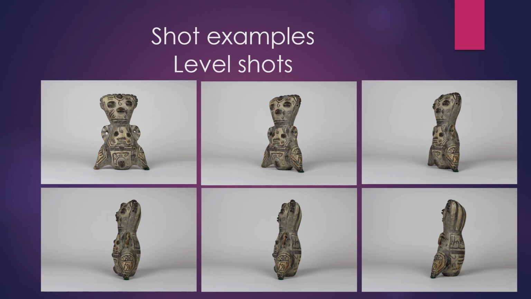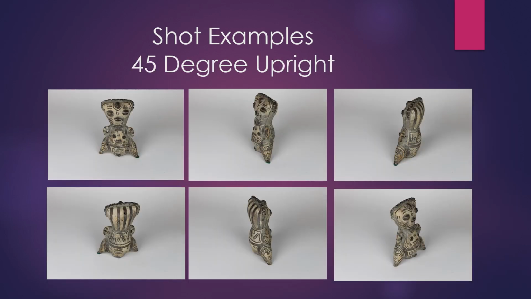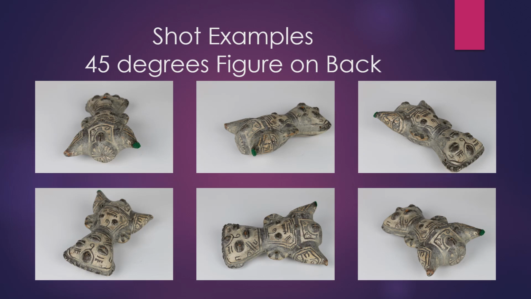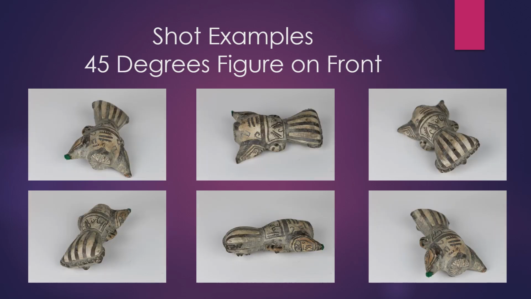Here are some examples of the shots that I took. This is where I shot dead on level, and you can see as I turned it around. This is my 45-degree angle shots. These are my 45-degree shot examples with it lying on its back. And again, the same process with it lying on its front side.